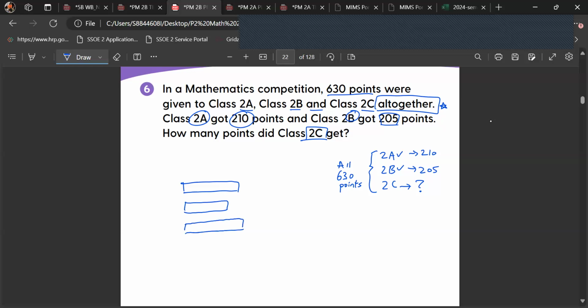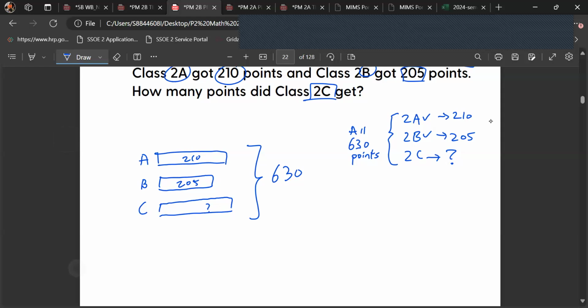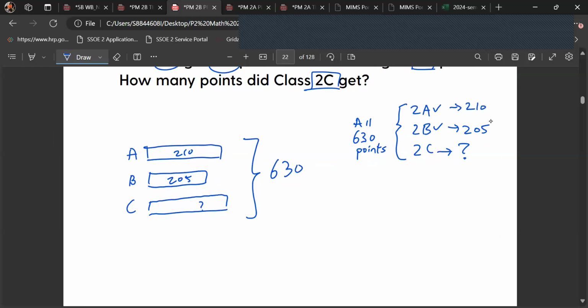Don't know how many. So A, B, and C, all of them is 630, but don't know C. So I have 210, 205, but don't know C. That's one way. See the longest? Okay. So this is one way to draw the model.